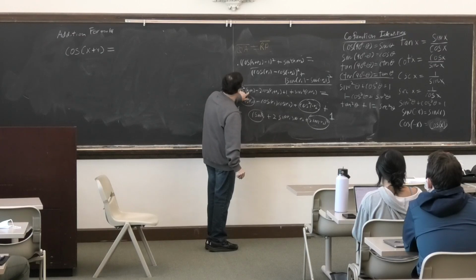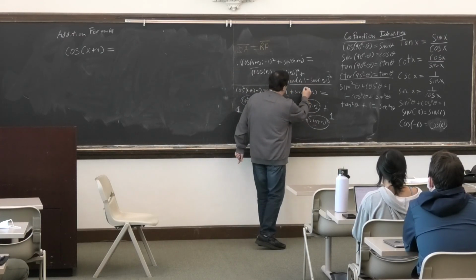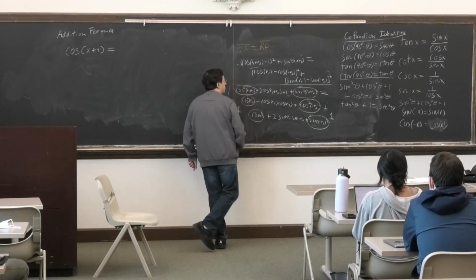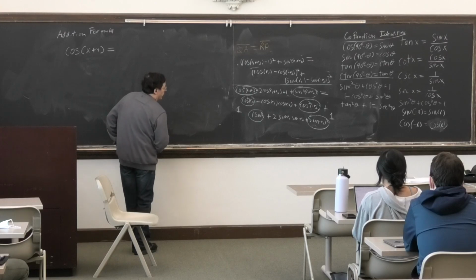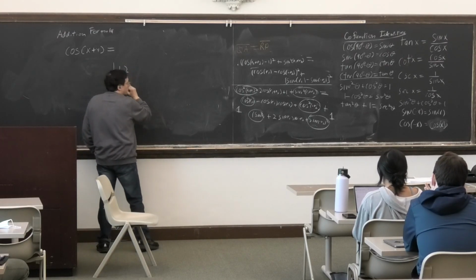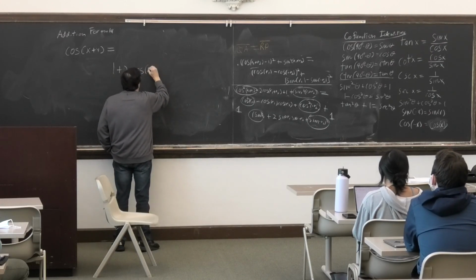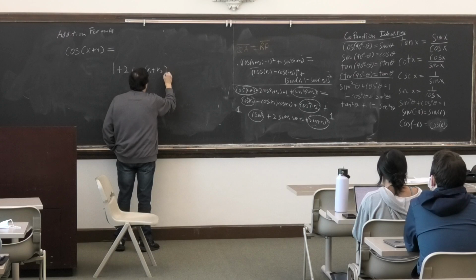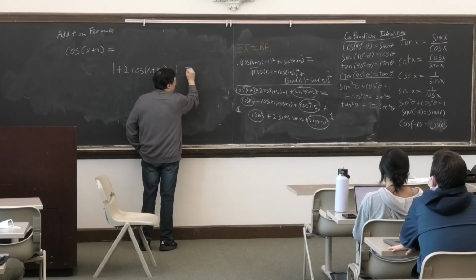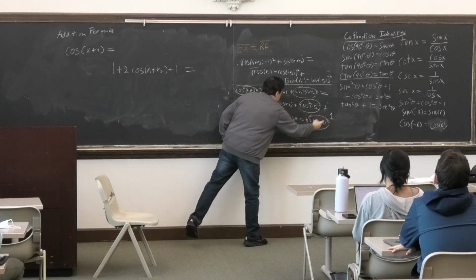Cosine squared R1 plus R2, sine squared R1 plus R2, that's 1. So let's write what we have left. 1 plus 2 cosine R1 plus R2 plus 1 equals, well, I've got these two ones here.